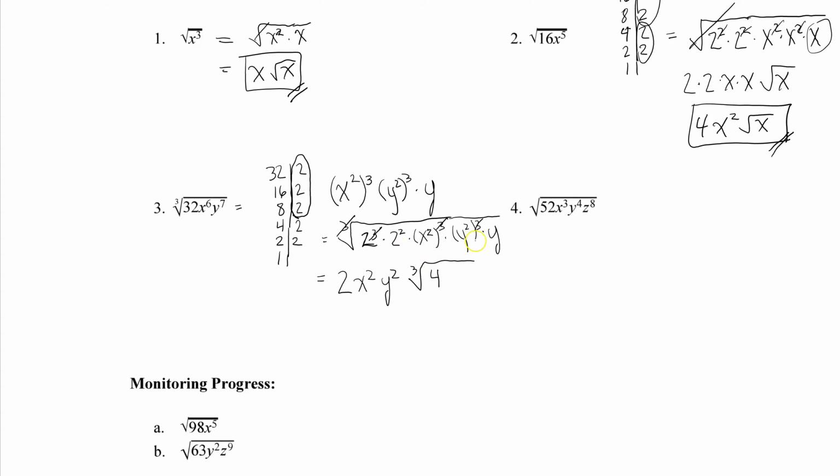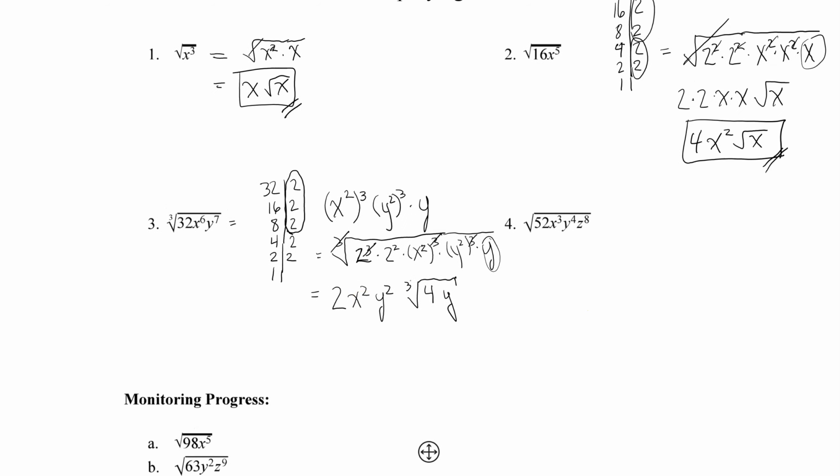We've taken out all of the x's, but we left one y behind, and so we put y. And that's what this would be. 2x squared y squared times the cube root of 4y. And that would be this thing simplified.